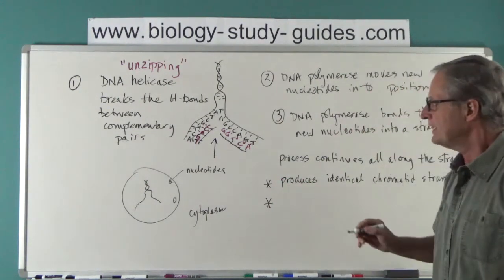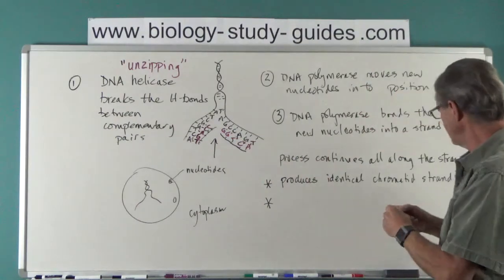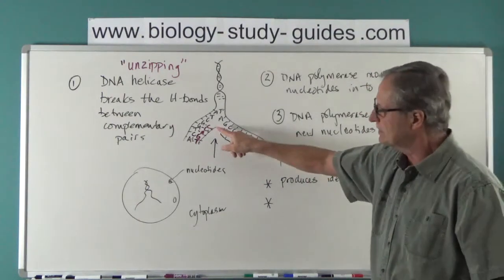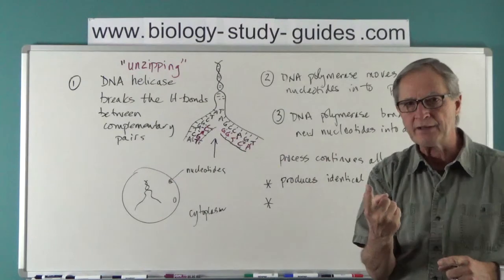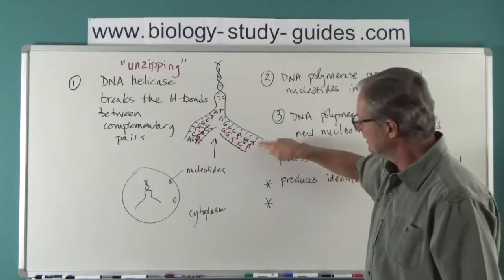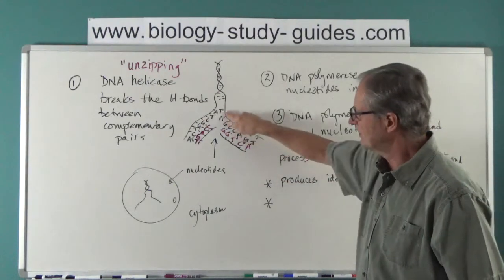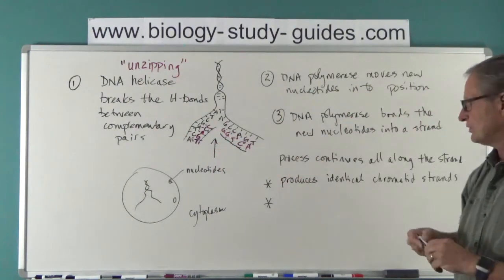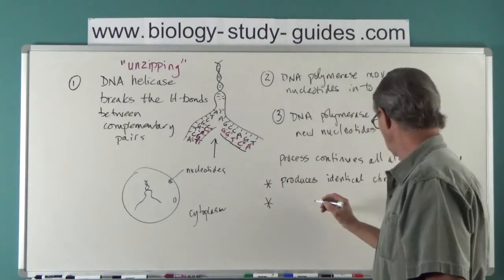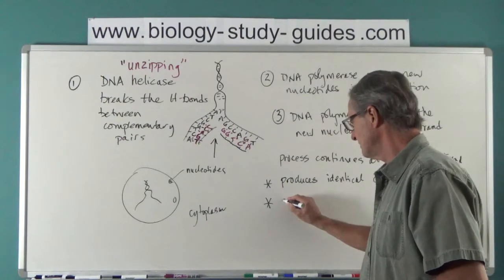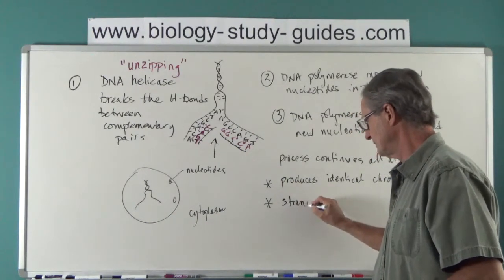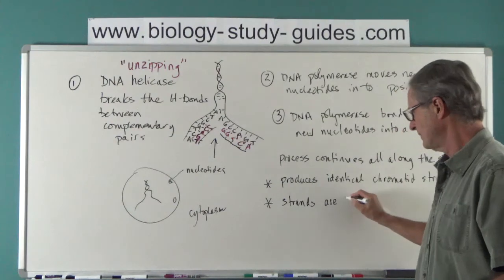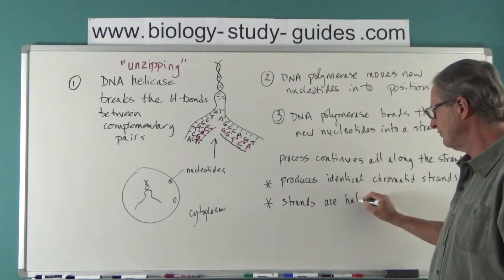And also worth noting is that each of these chromatid strands that gets produced has got an old strand and a new strand. The old strand, the original strand, is the one in black, and I used a purply color to represent the new one. So these strands are half new.